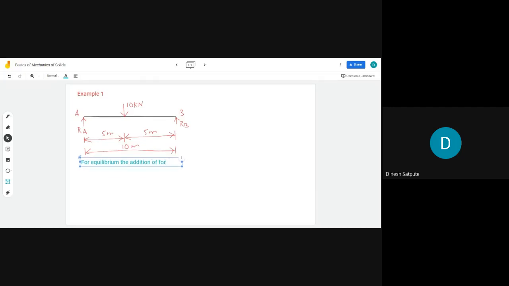So just look at this. For equilibrium, the addition of forces acting in upward direction will be equal to the addition of forces acting in downward direction.